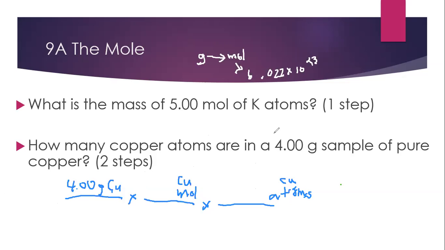Okay, well, without thinking about numbers yet, what goes on the bottom? Well, remember, diagonally, they have to match in order for us to cancel out our units and end with what we want, which is atoms of copper. So on the bottom, I've got grams of copper here, grams of copper here, and copper moles here, copper moles here.